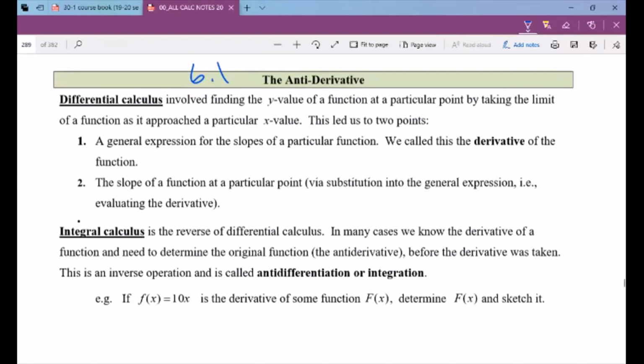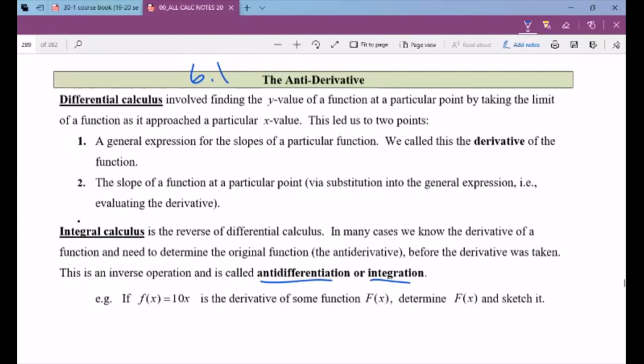What this ends up being is kind of differentiation going backwards. And so it is called antidifferentiation, or it's called integration. Those terms are pretty much interchangeable. Instead of finding a derivative, we're going to now find an antiderivative.